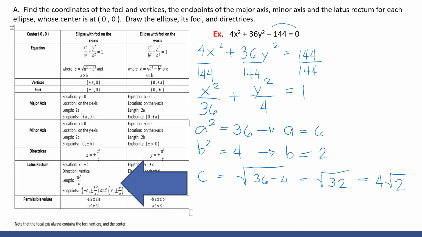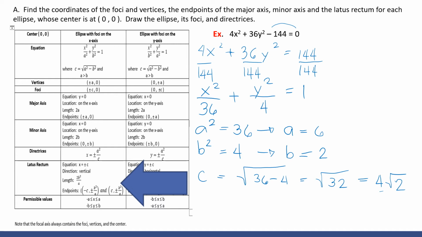Bakit naging 4 square root of 2? Factors of 32 na kung saan ay perfect square ang isa are 16 and 2. And square root of 16 is 4, then copy 2 dun sa loob. Kaya naman, square root of 32 is equivalent to 4 square root of 2.